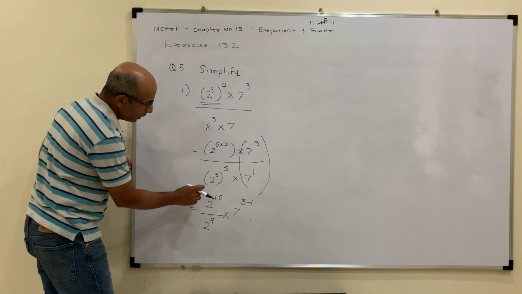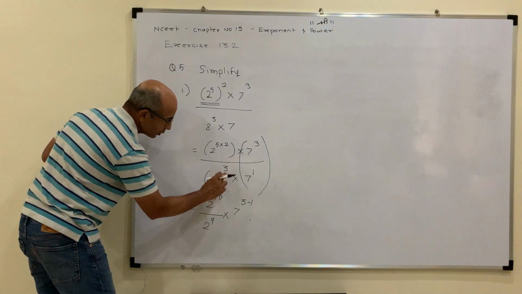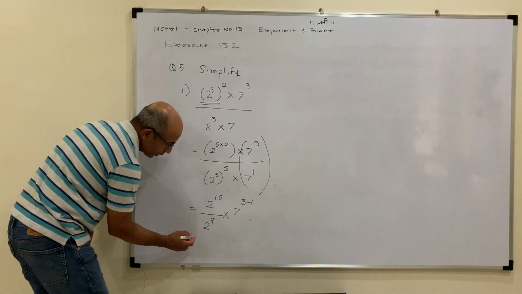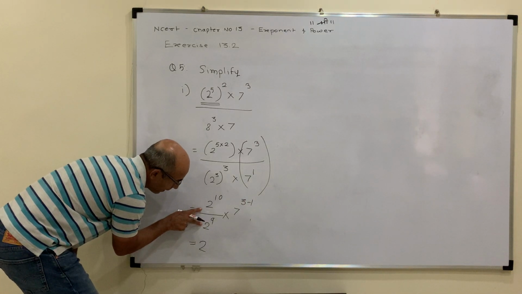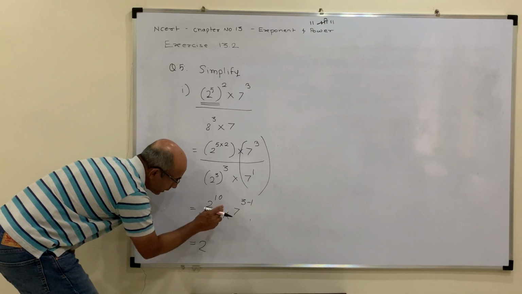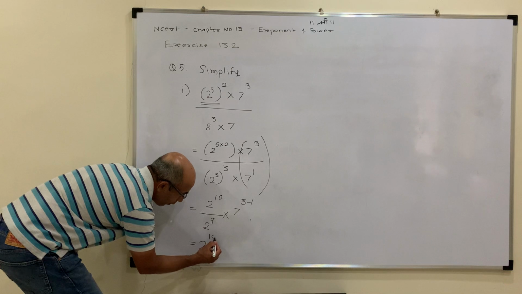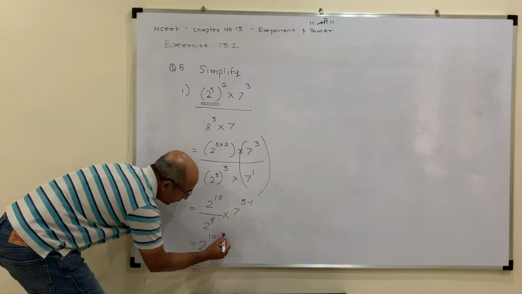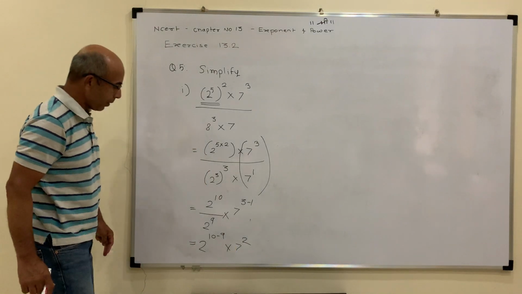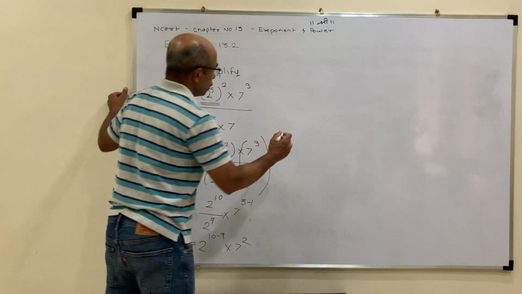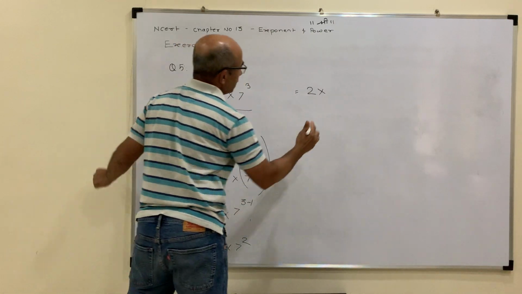Here what I have done, power of power is a multiplication of powers, so 3 into 3, 9. So my next step will be 2 raised to, base is same, operation division, denominator power will be subtracted from the numerator power. So 10 minus 9 into 7 square. So my ultimate answer will be 2 into 7 square.